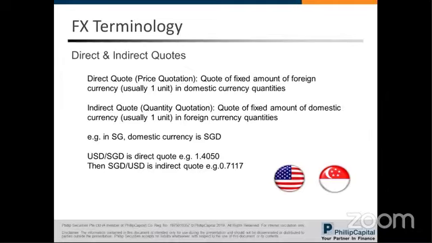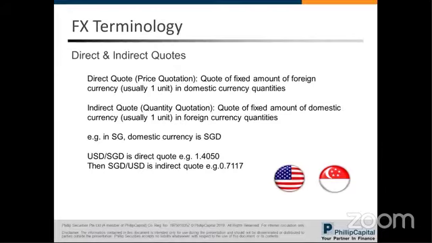In international markets, the domestic currency is usually USD, because USD is the reserve currency. So on overseas websites, they usually do a direct quote in terms of USD. Basically, in the direct quote, the quoted currency is USD.